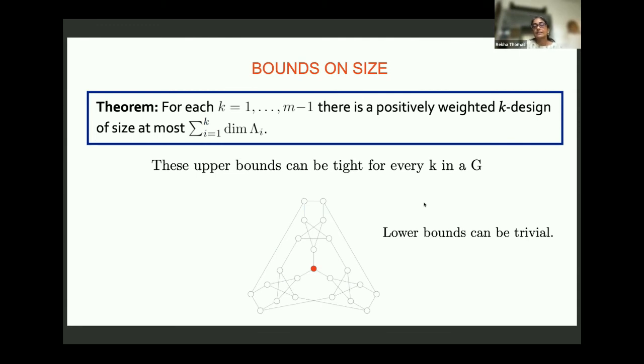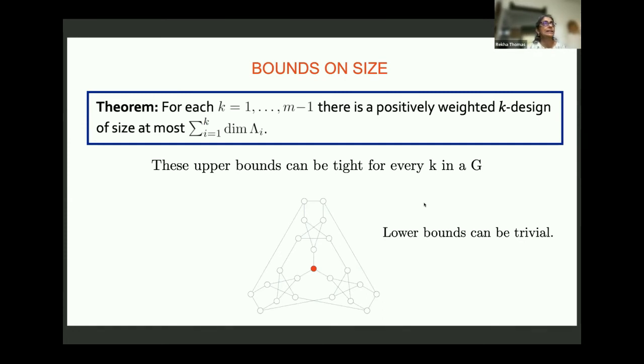The polytope has a certain dimension, which means its facet has a certain dimension, which means the facet is at least a simplex, which means it has at least so many vertices, which means the design has at most so many vertices. So you immediately get an upper bound on the size of the designs from this polyhedral construction.